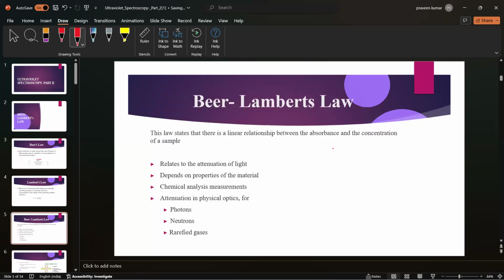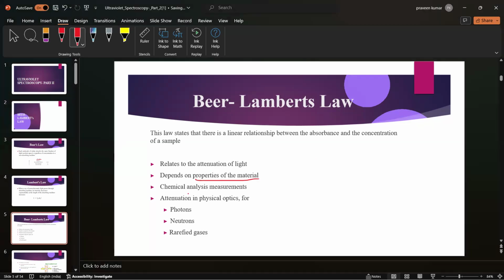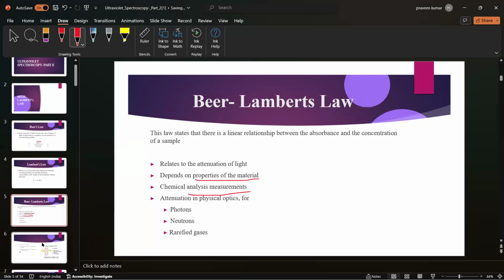The law states that there is a linear relationship between the absorbance and the concentration of the sample, and it relates the attenuation of the light to the properties of the material, used in chemical analysis measurements.